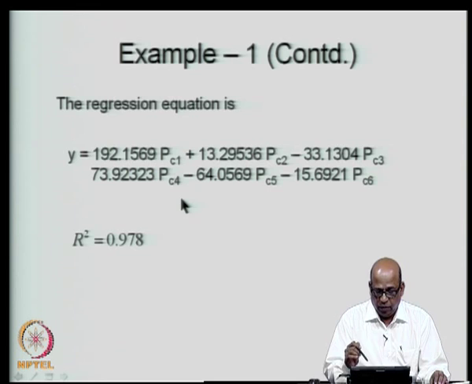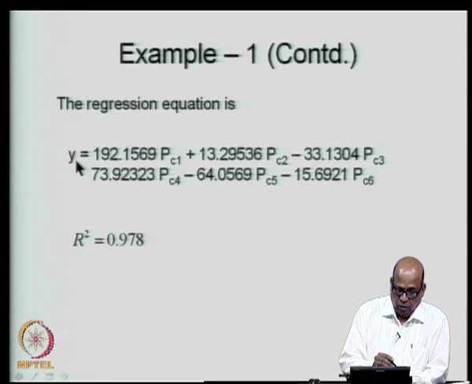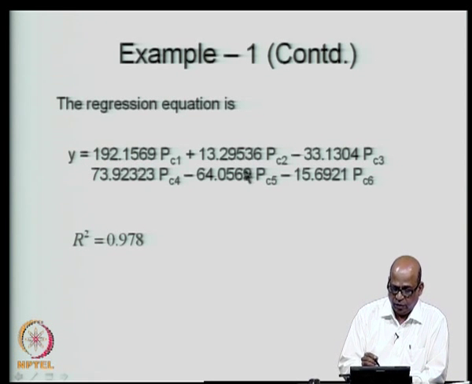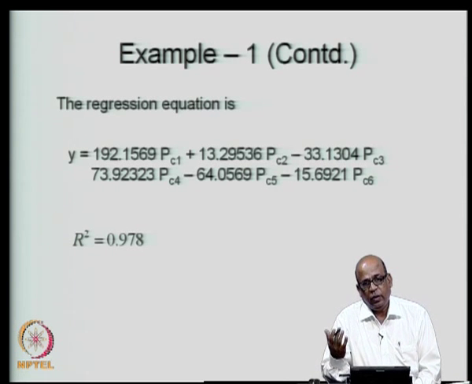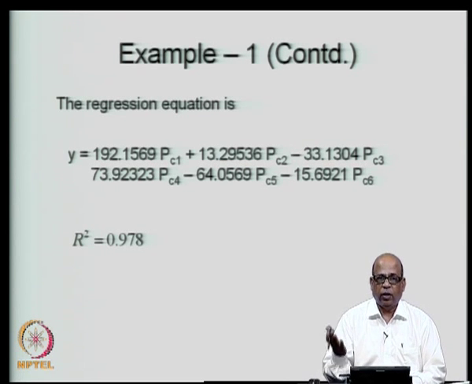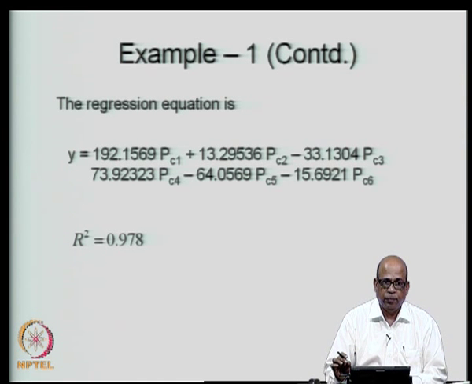Now, there are some interesting features on this particular regression equation. You see, you obtained beta 1 as 192.16, beta 2 as this value and so on, by using 6 principal components, because we said that 95% of the variance has to be explained by this model, and therefore, I go up to 6 values.